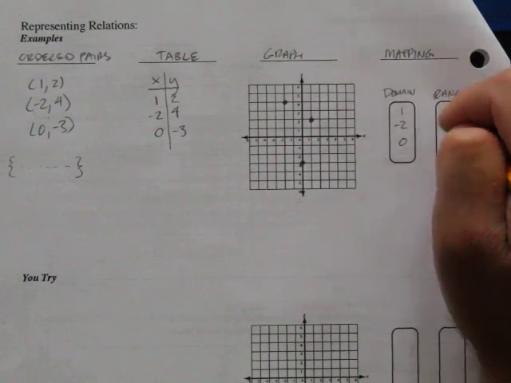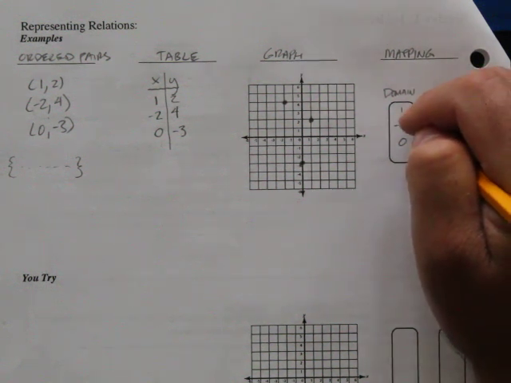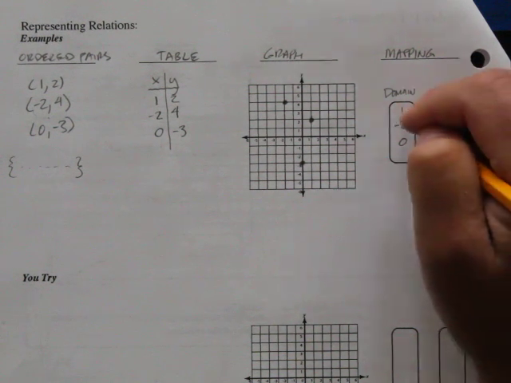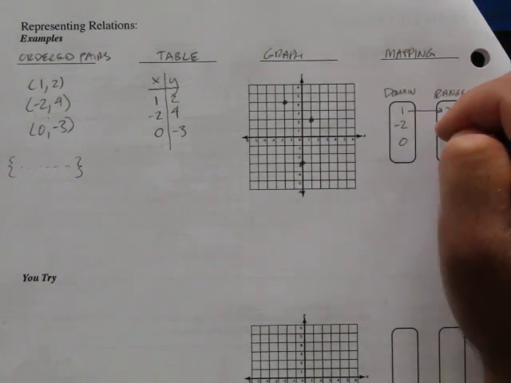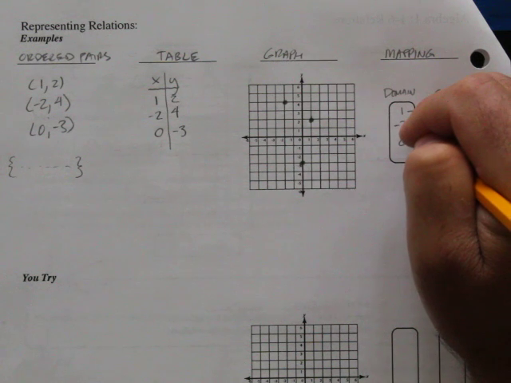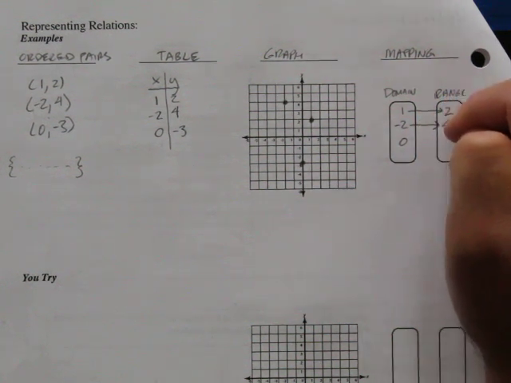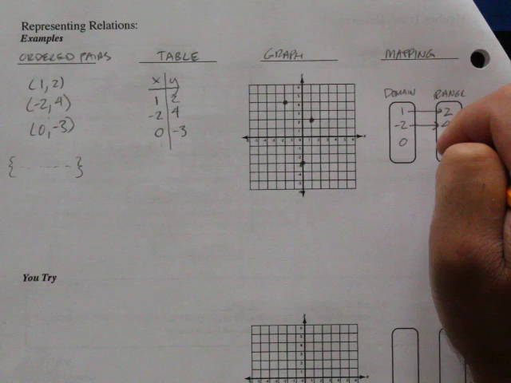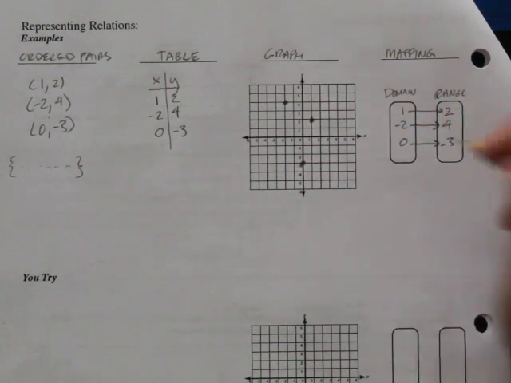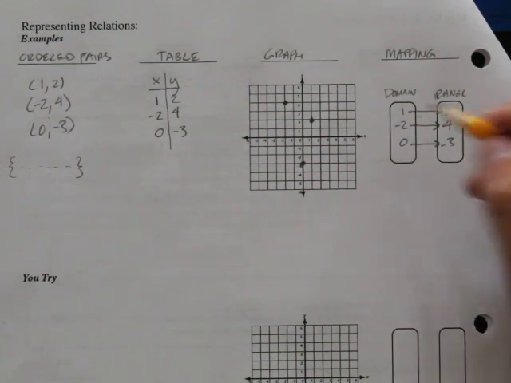And then we put the range over here, and then we do an arrow to say this 2 belongs to the 1, and this -2 and 4 belong together, and this 0 and -3 belong together. So we draw an arrow here to see who belongs to who.